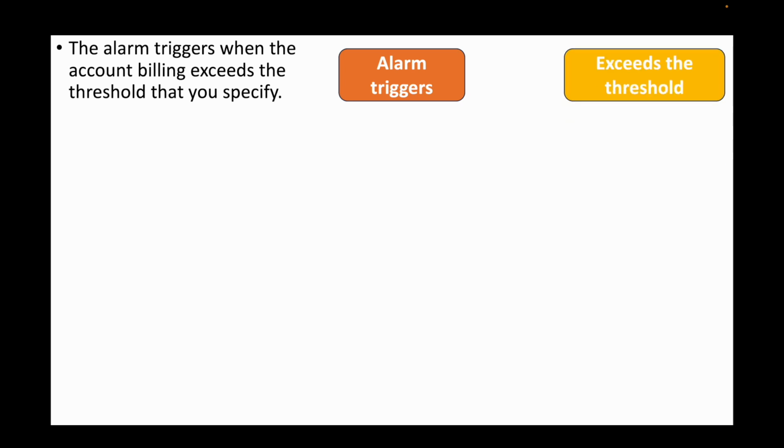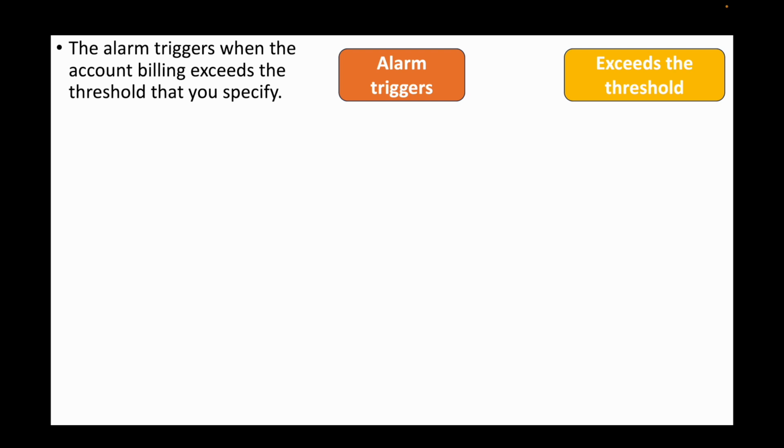All right. Now, we have the option of monitoring this billing metric, and then we can also set a threshold and create an alarm for this. So the alarm triggers whenever the metric goes above the threshold.